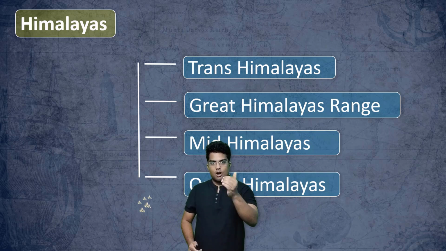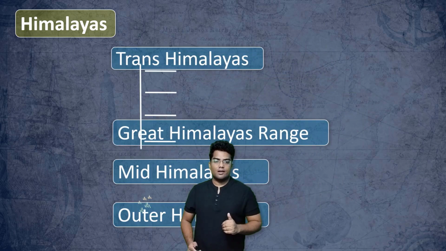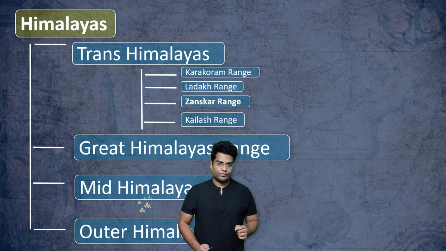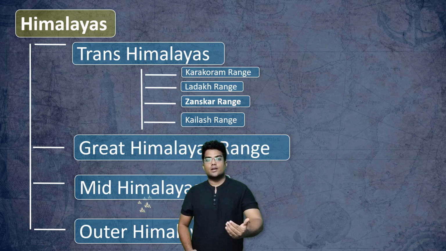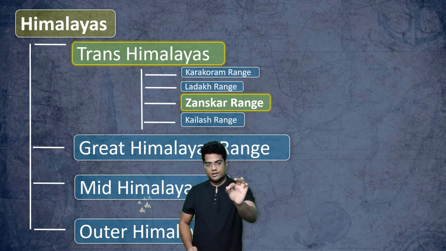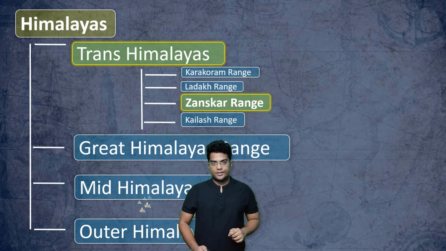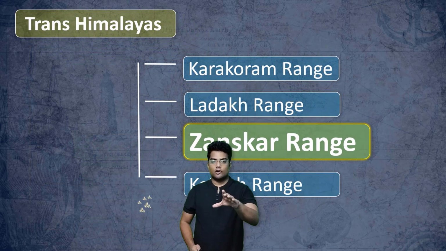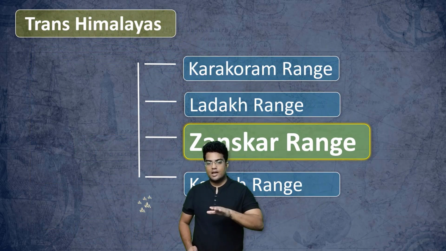So let me show you how it works. The Himalayas has 4 divisions: the Trans, the Great, the Mid and the Outer Himalayas. We are interested at this point in the Zaskar range. The Trans-Himalayas contains the Zaskar range. The Karakoram range, Ladakh range, Zaskar range and Kailash range.